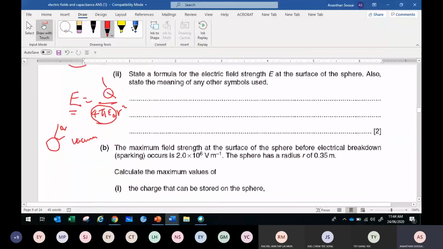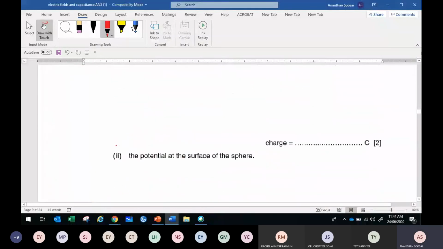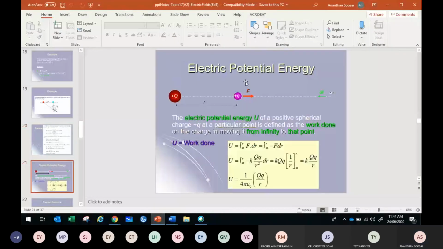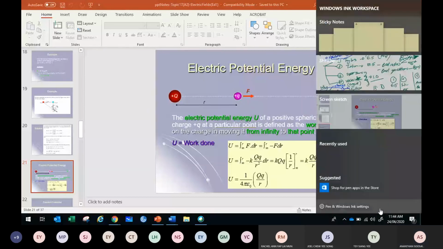Okay, so after that I think we can proceed. I have to teach you electric potential energy. But before we go to this, let's recap what you learned. Recall your gravity, because gravity is quite closely linked to electric field strength.